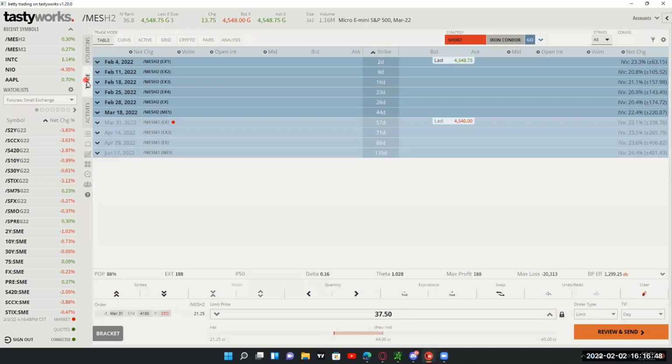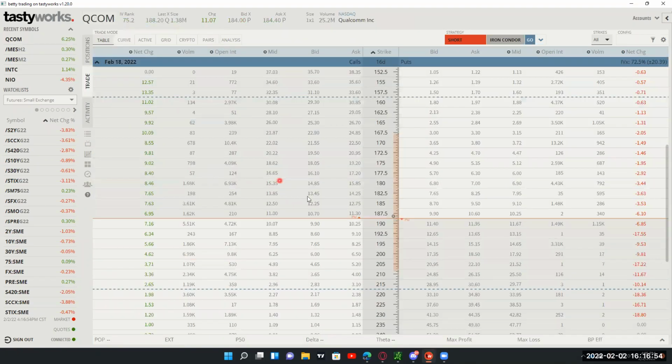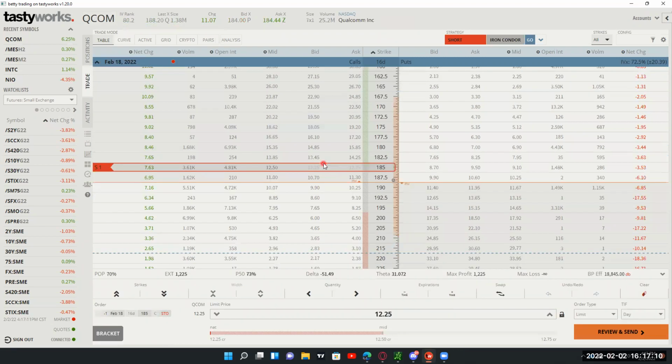So for an example, here is Qualcomm. The at the money is this orange line. So this lighter shaded gray is in the money, and the wider area is out of the money. If I look to sell the 185, that's in the money.